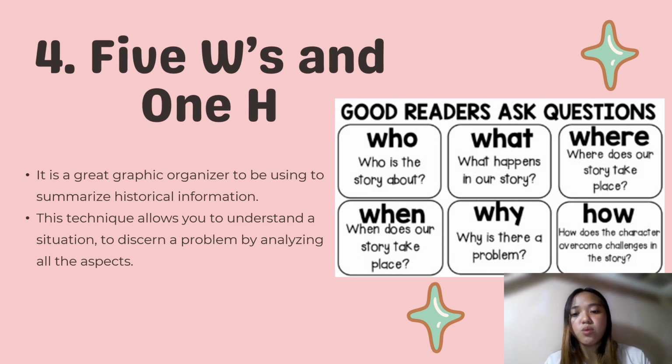And then why is there a problem, why does it exist, and how does the character overcome all the challenges in the story. So basically the 5 W's and 1 H helps students to analyze a certain problem, or analyze the whole story or the whole concept or topic in social studies.